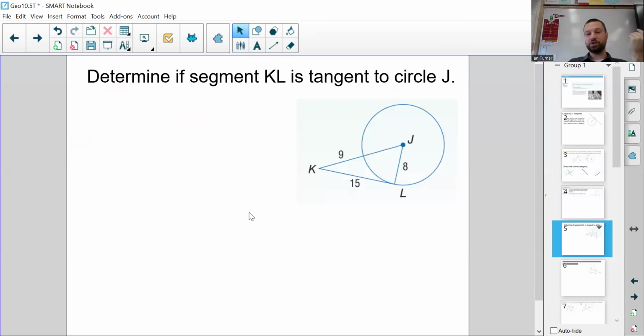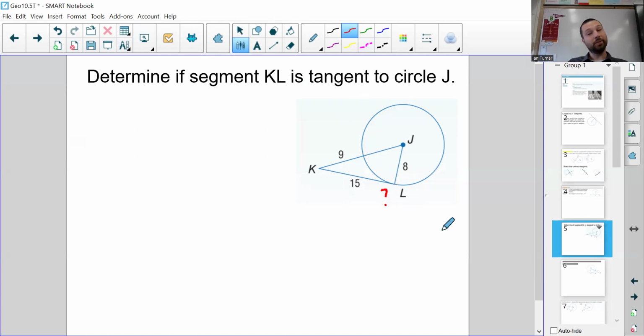So if we want to determine if this is tangent, we want to determine, is this a right angle? We don't know. How could we check? Santino, what do you got?